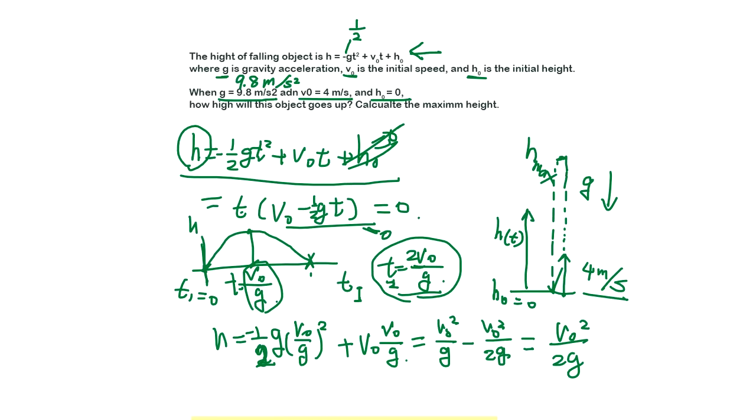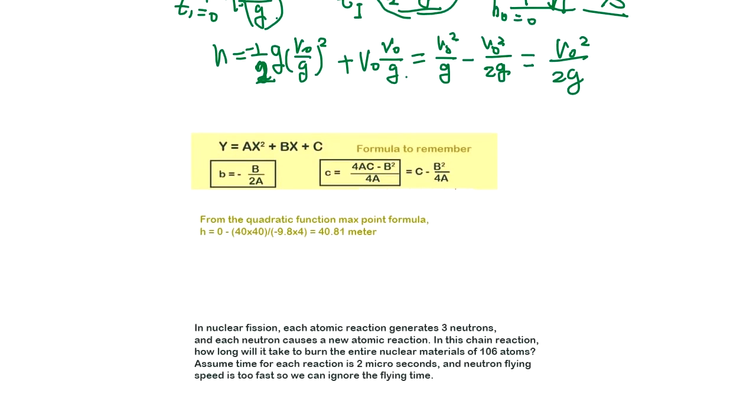So this is going to be the height. This is how you calculate. This answer is wrong because 1 over 2 is missing in the physics equation.